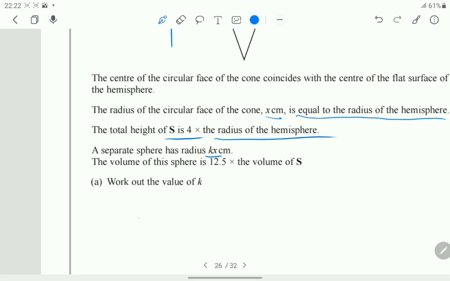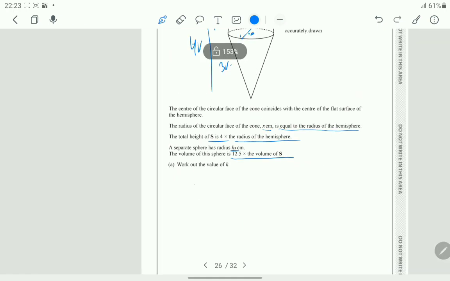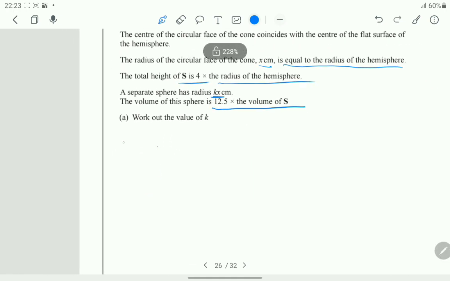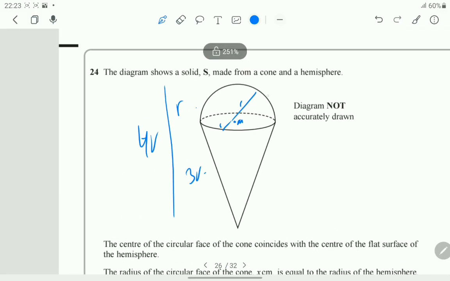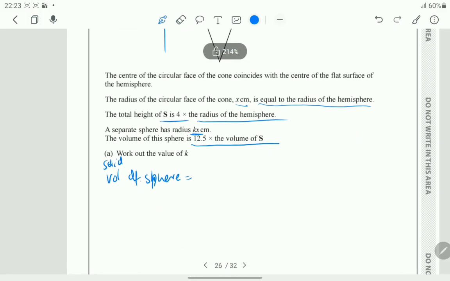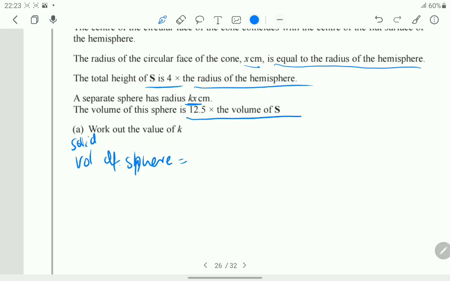A separate sphere has radius kx centimeters. The volume of this sphere is 12.5 times the volume of S. So let's just say that the volume of sphere is, now we're working in solid S right now, and for solid S the volume of the hemisphere is important for the total volume of the solid S. Then the volume of the hemisphere is 4 by 6 pi r cube.